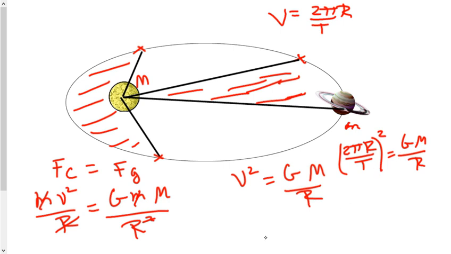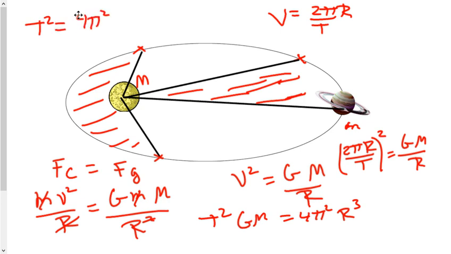So I'll have T squared G big M is equal to 4 pi squared r cubed. Now if I divide both sides by GM, and I'm running out of room, so I'll put this here, we have T squared is equal to 4 pi squared r cubed divided by G big M.